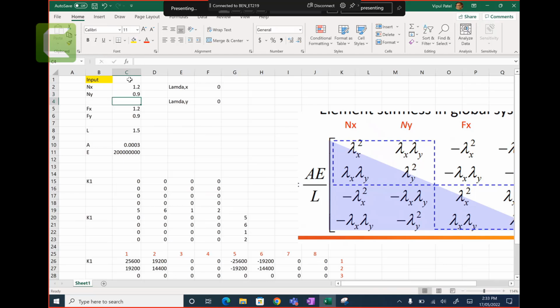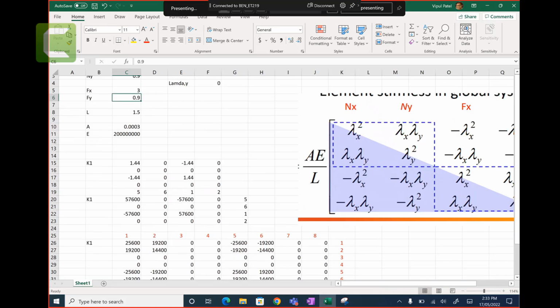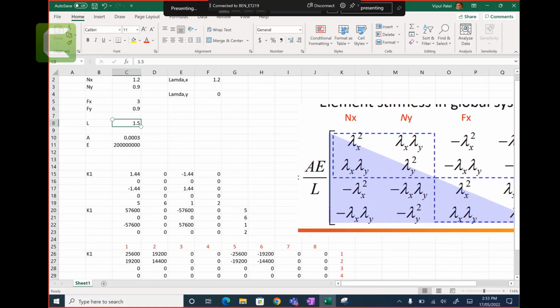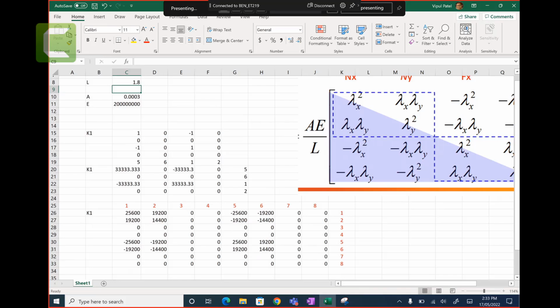Look, the numbers are changing. And then your FX is 3 and 0.9. Is it correct? And the length is 1.8. Right?